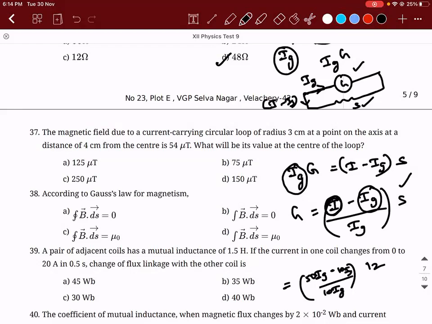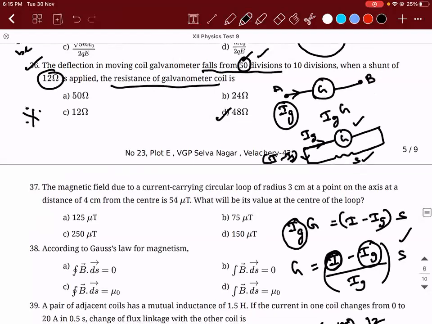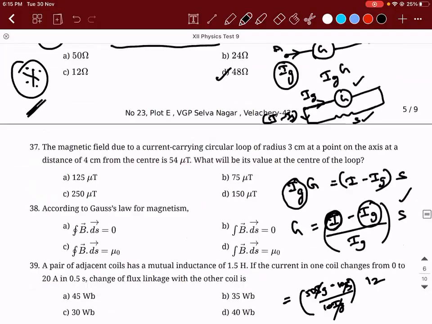Does that make sense? Yes. Now I can cancel that. That is the reason I took it as proportion. Okay. This also, good question.